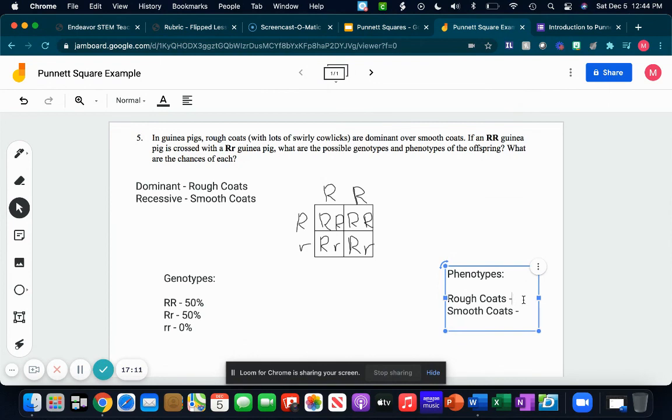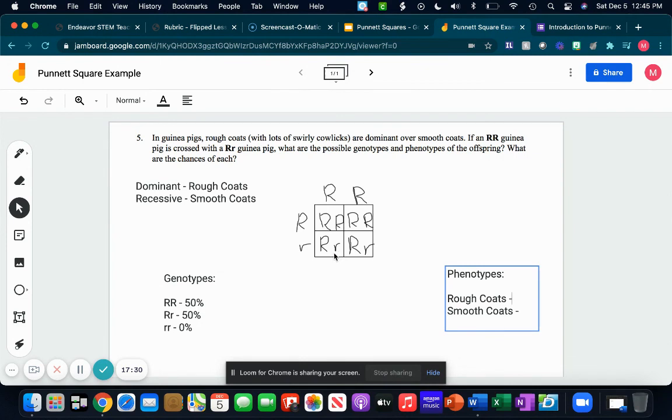Remember, phenotype is what you see with your eye. Okay, is it rough or is it smooth? Remember, rough is the dominant trait, so wherever there is a big R, it's going to show that trait, so it's going to be rough coat.